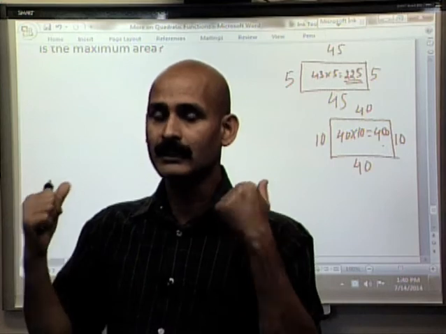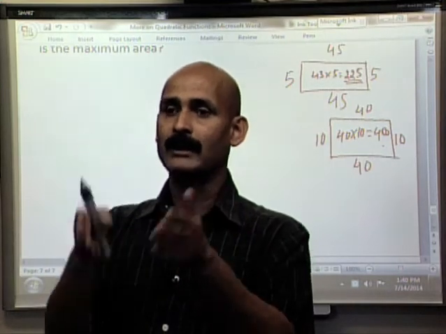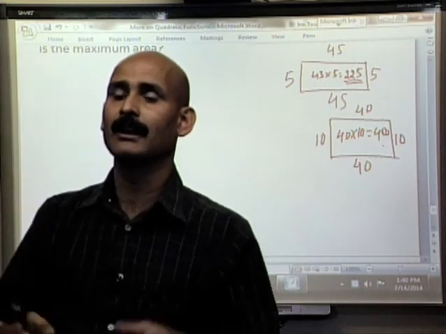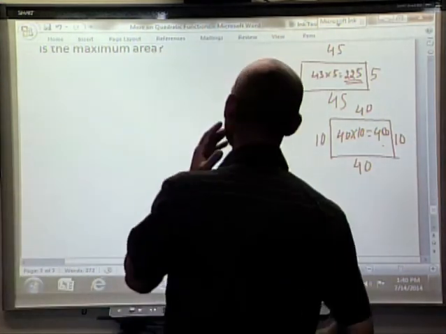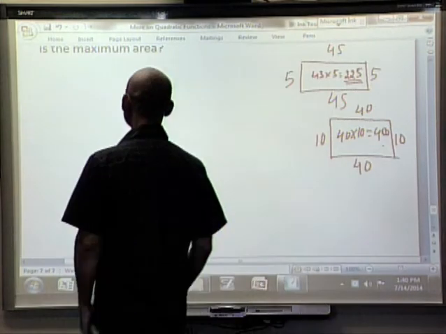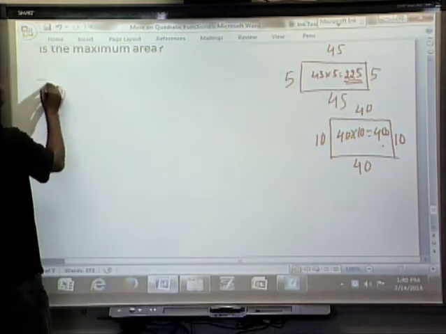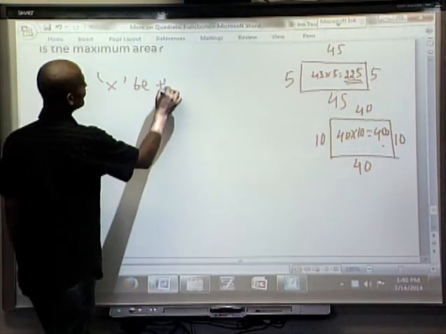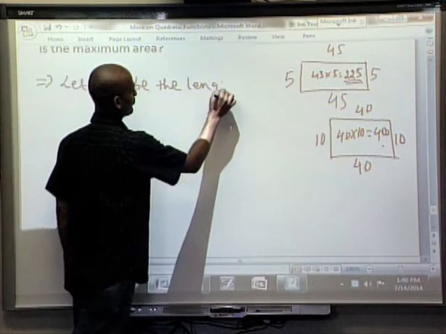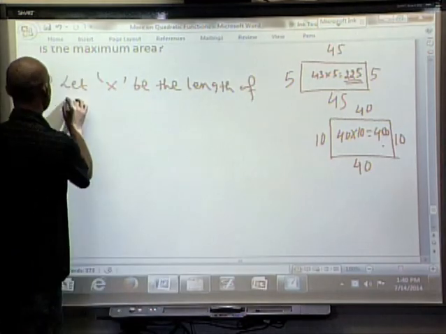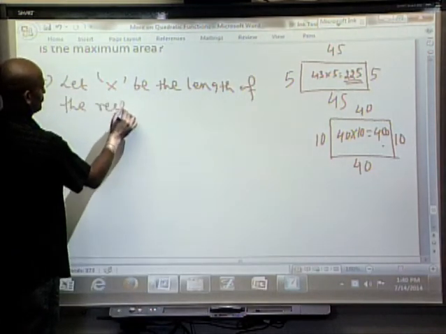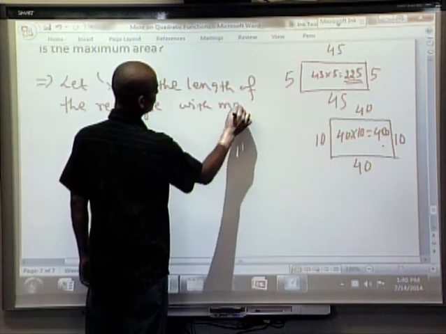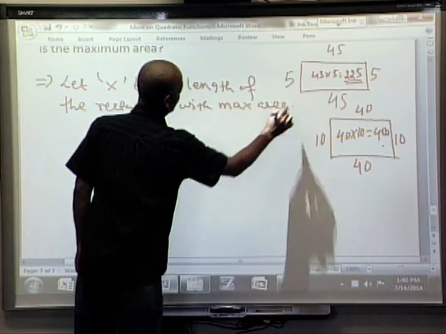Now, in this particular question we want to find how much the length of the rectangle should be, and how much the width should be, so that the area is the maximum. So, let us formulate the problem. Let x be the length of the rectangle with maximum area.